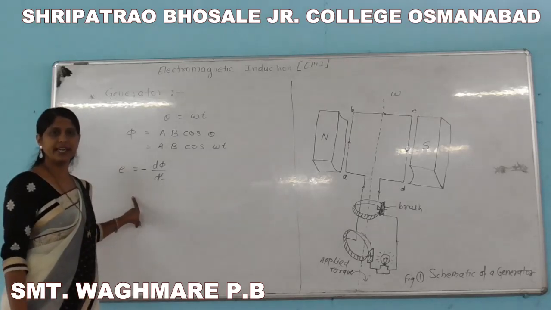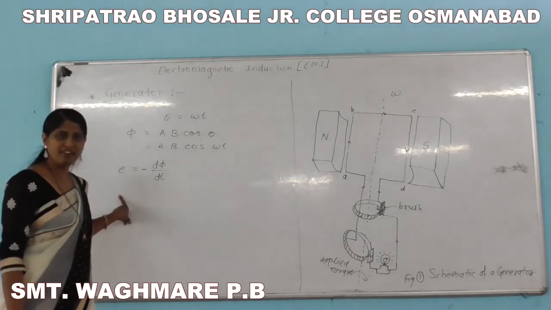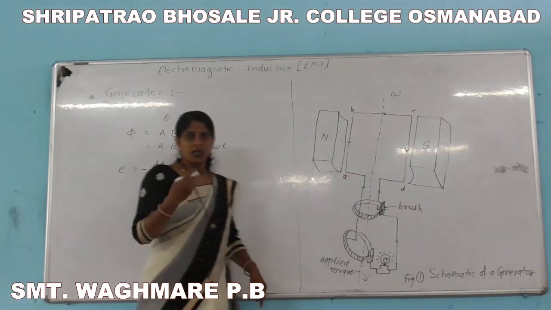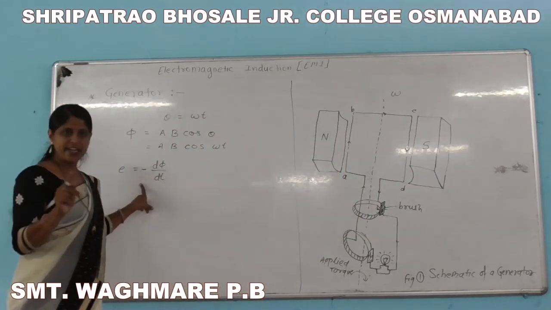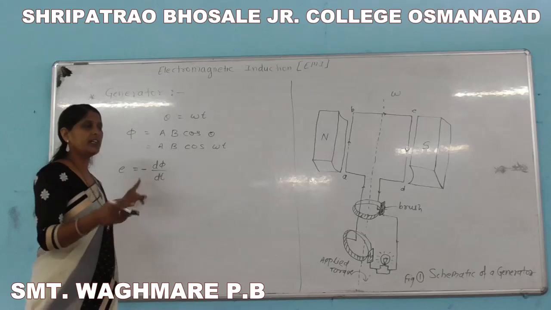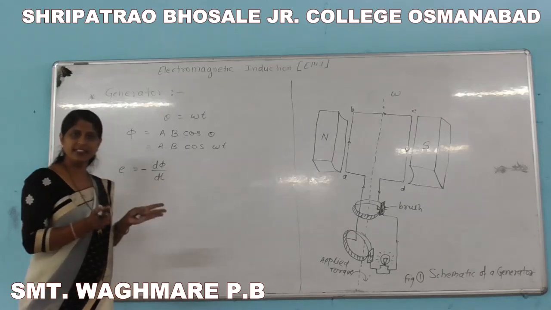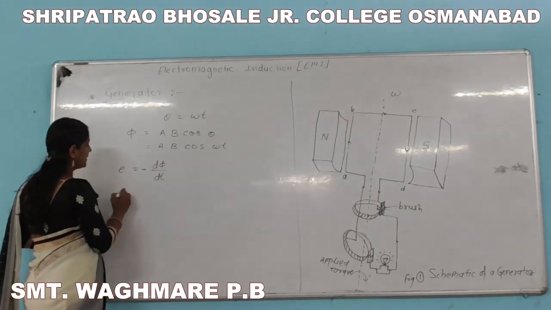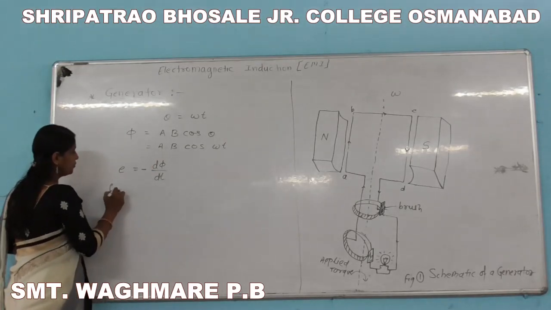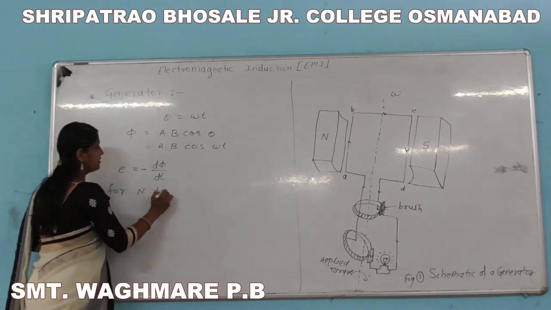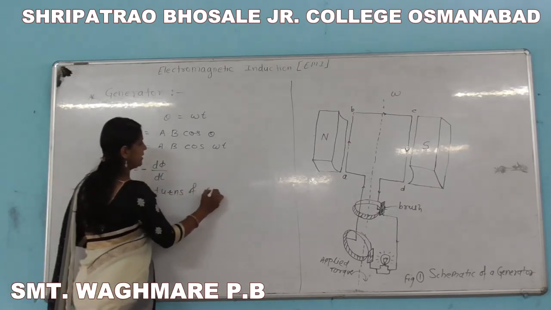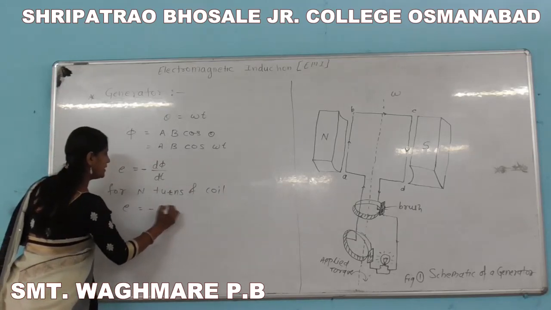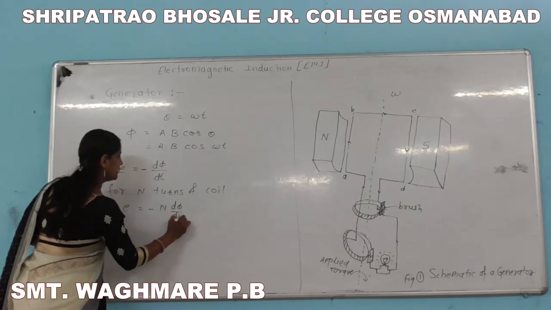This equation is for one turn. If there are two turns, three turns, four turns, and if there are n number of turns, then this equation can be written for n turns of the coil. This equation will become E is equal to minus n d phi by dt.